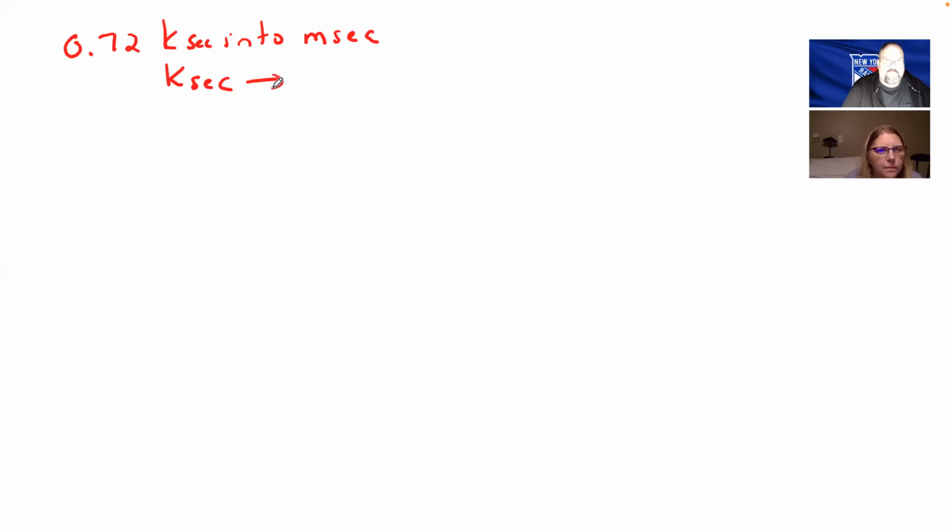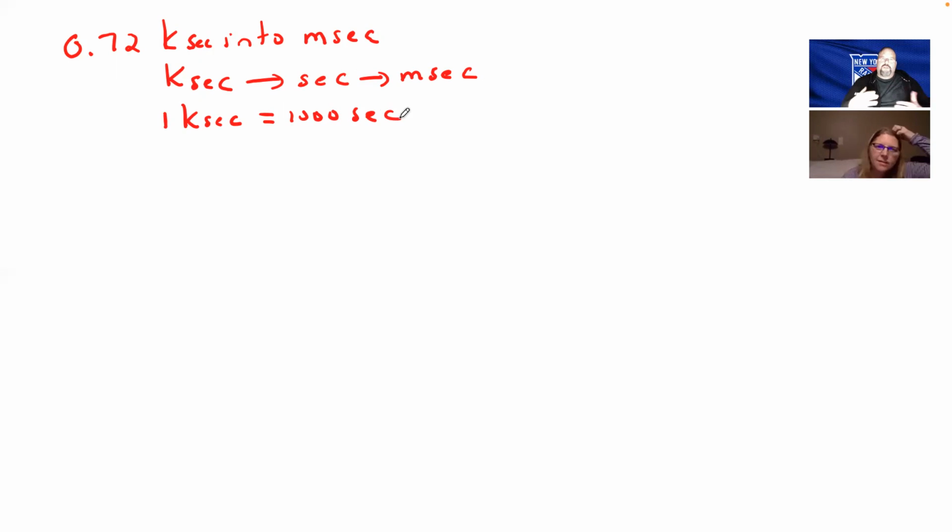I would go from kiloseconds to just seconds, and then seconds into milliseconds. So I would treat it as a 2-step sequence. Essentially, 1 kilosecond would be equal to 1,000 seconds, because kilo means 1,000.